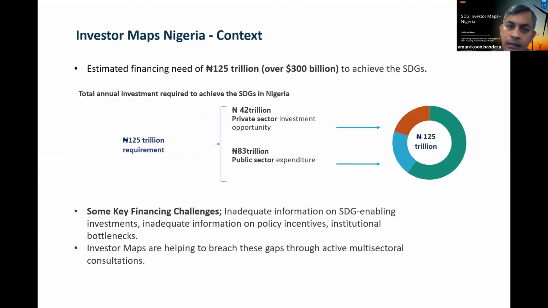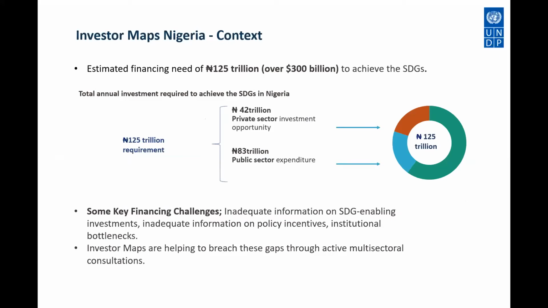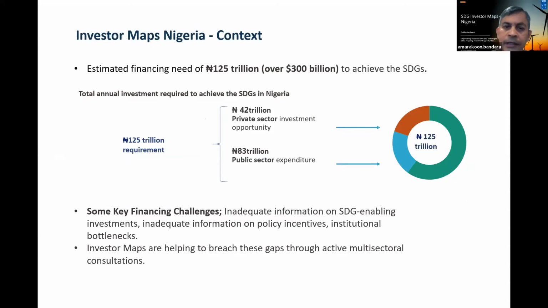The total funding requirement is about $300 billion or 125 trillion naira. Out of it, 3 trillion naira is on the public sector, and 42 trillion is in the private sector.